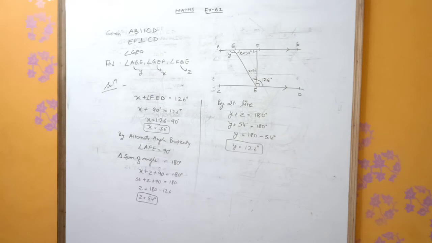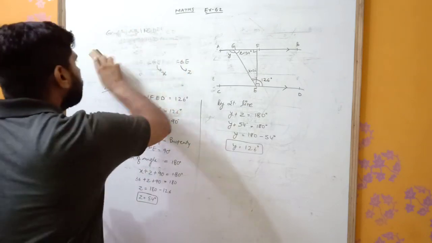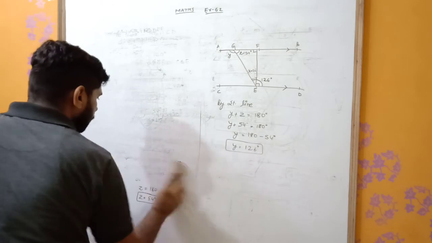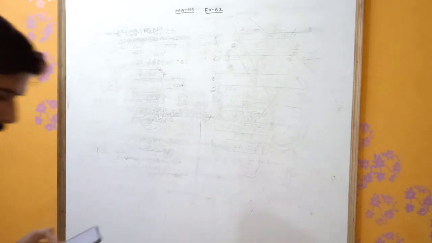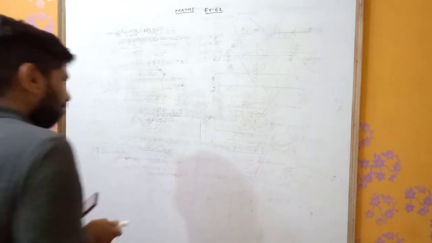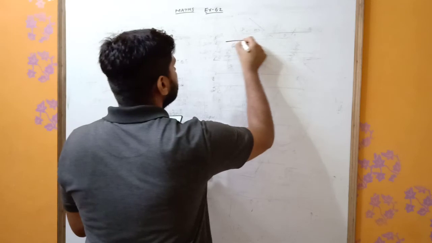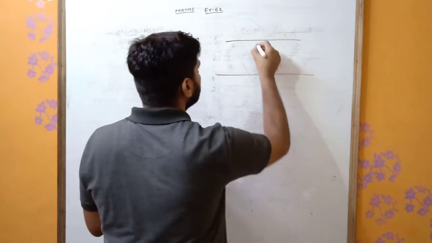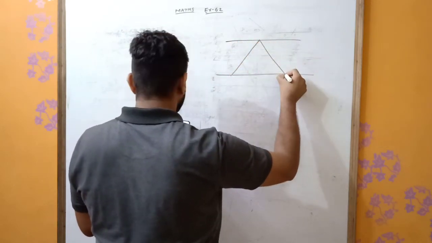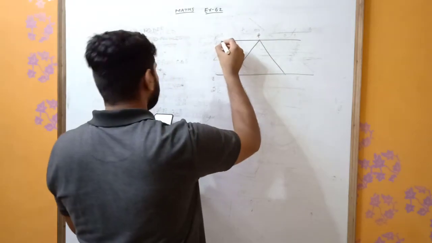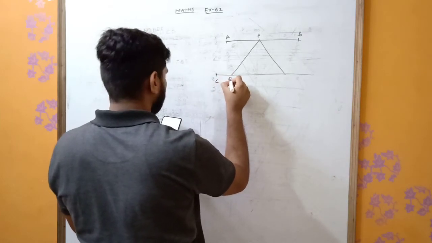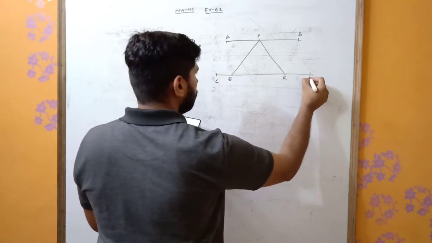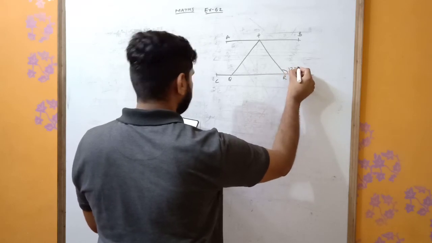Try question number 4 by yourself. Come to question number 5. Question number 5 is: if this is a triangle, this is P, this one is A, B, C, Q, R, and the last one is D. This angle is 127 degrees.